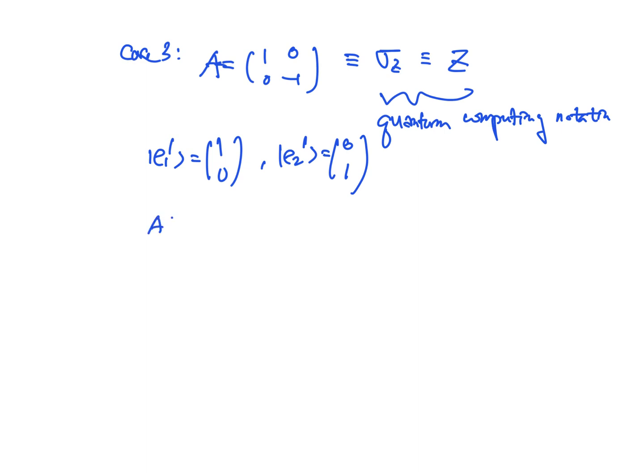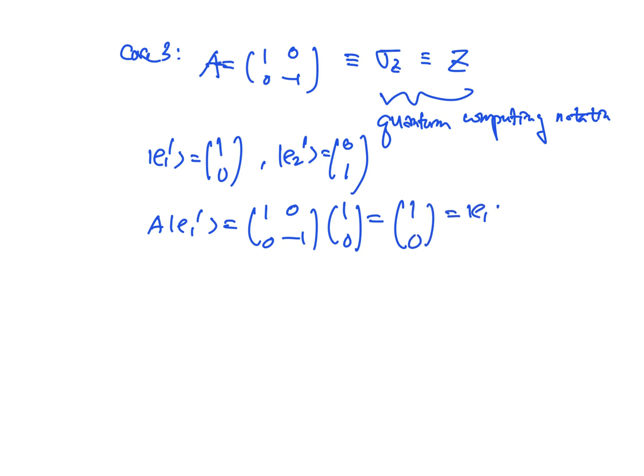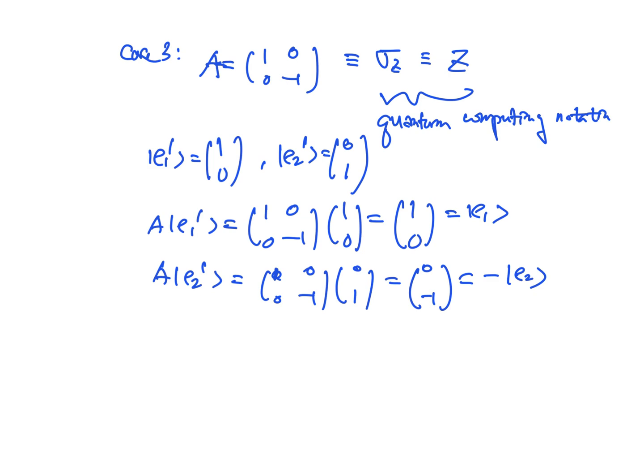A times E1 prime is [1, 0; 0, -1] times [1, 0], again [1, 0]. A times E2 prime gives [0, -1], minus E2 prime. So again, lambda 1 is plus 1, lambda 2 is minus 1. So property 1 is always satisfied.